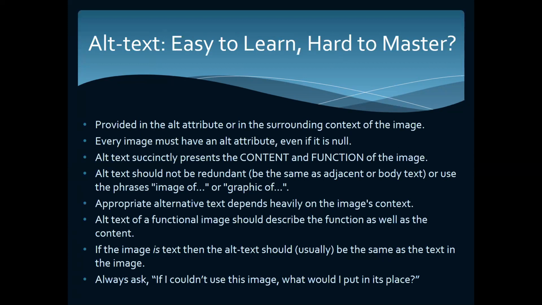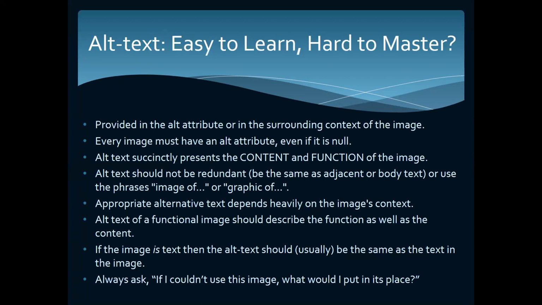I'll just add here that when working with web content, you often have a choice. You do have the ability to add an alt attribute and supply content for it. In other platforms or other publishing tools, you may not have a choice. Facebook and Twitter and Instagram have recently gotten a lot better about this.